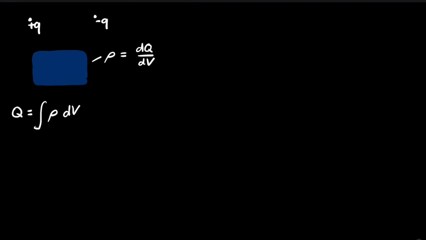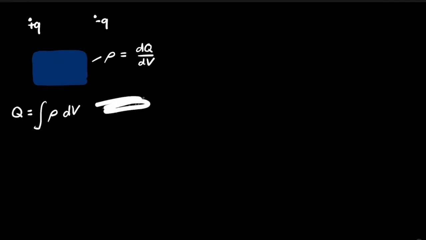Now, of course, this is the case if the density is not constant. If the density was constant, then you just get rho times the volume. But very generally, that is not the case.